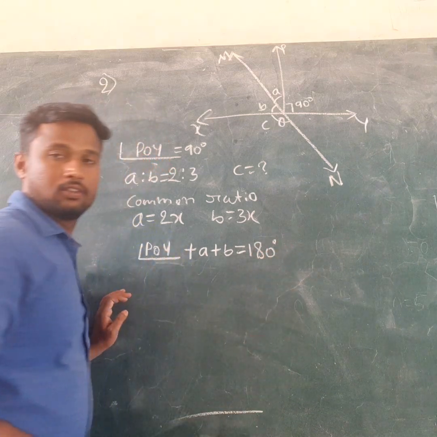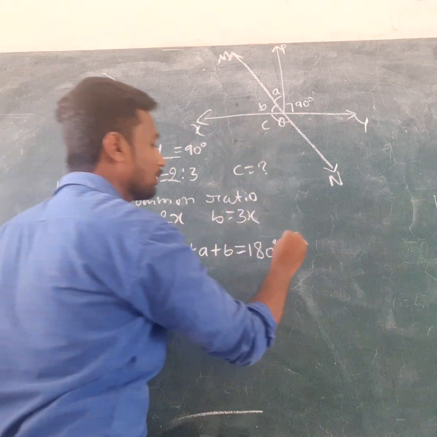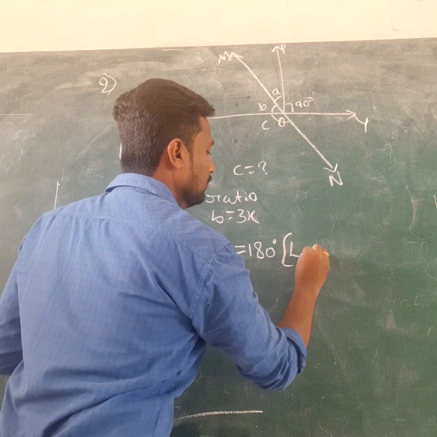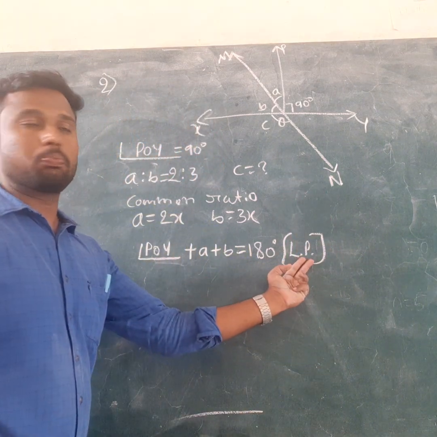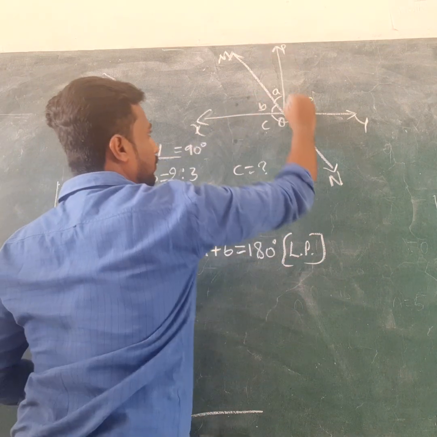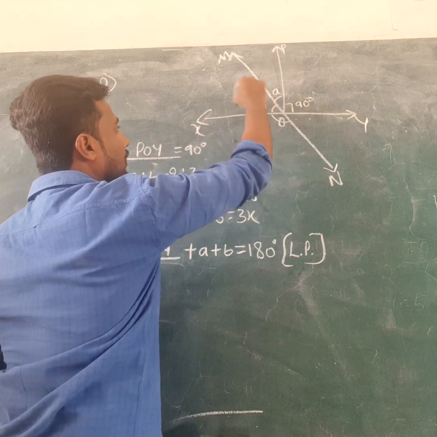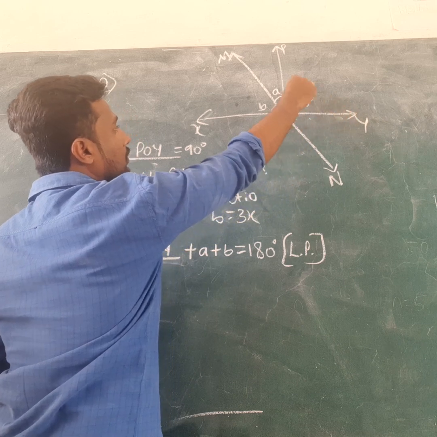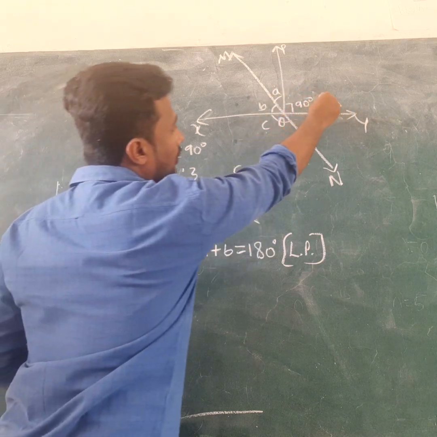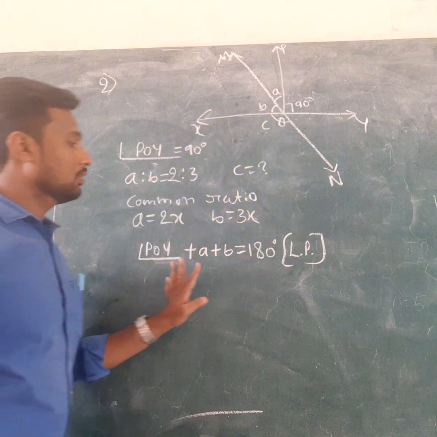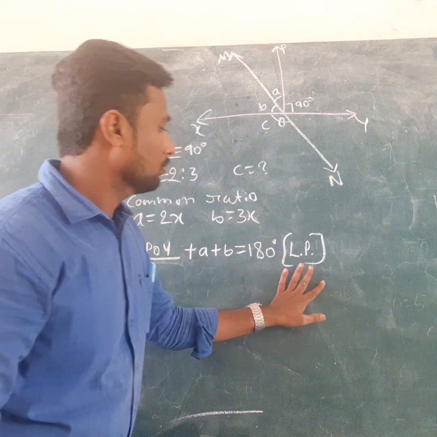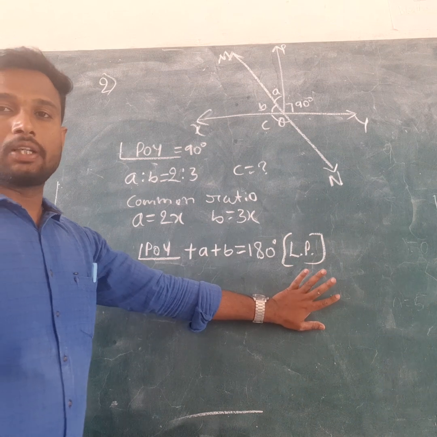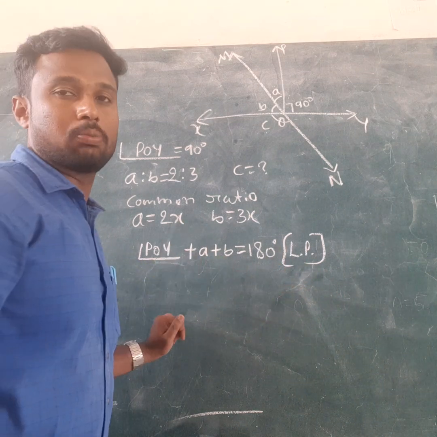Why? Because of linear pair. Yesterday we discussed linear pair. LP means linear pair here. So angle POY, angle A, angle B are on a straight line, so the sum of these angles will always be equal to 180 degrees by using the linear pair.